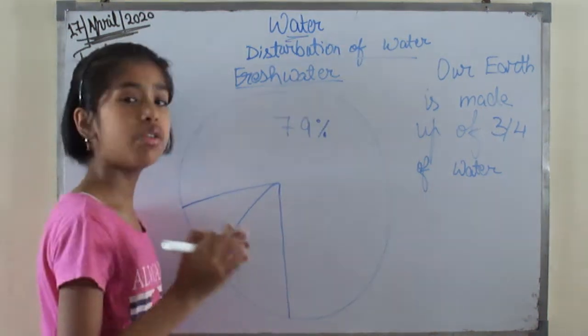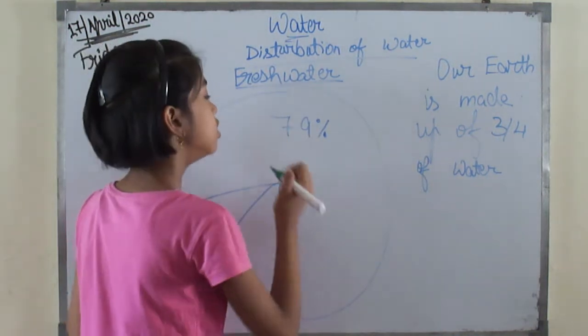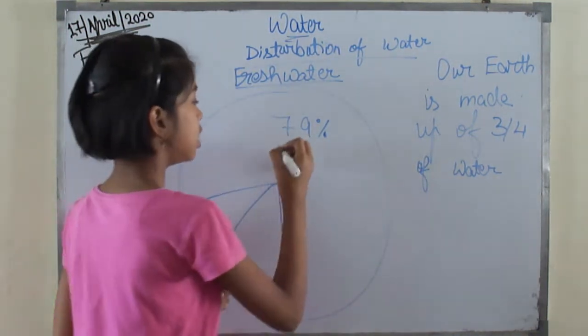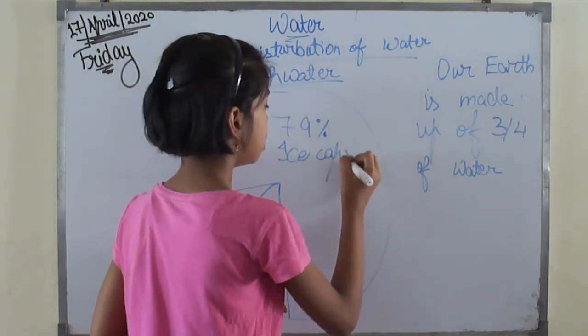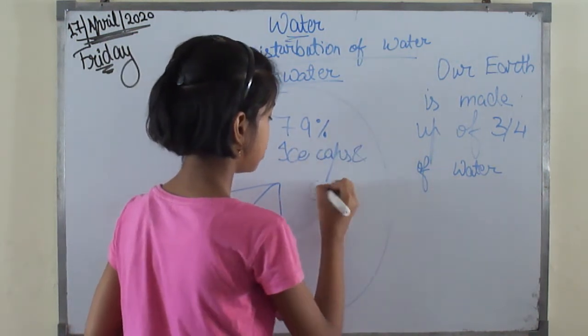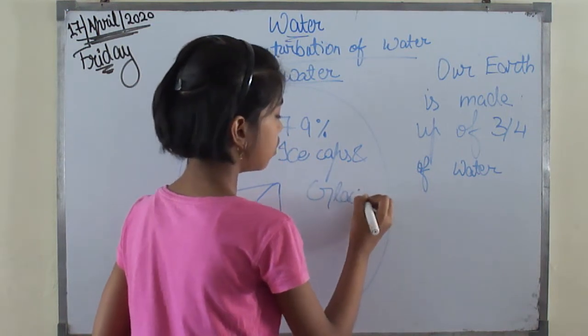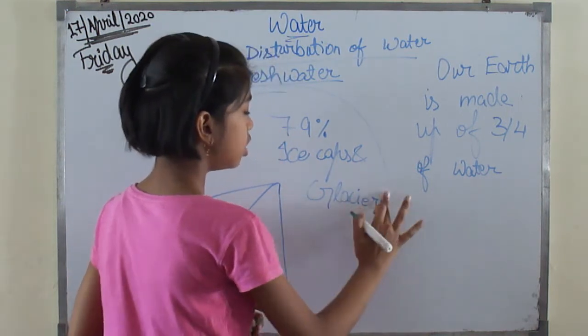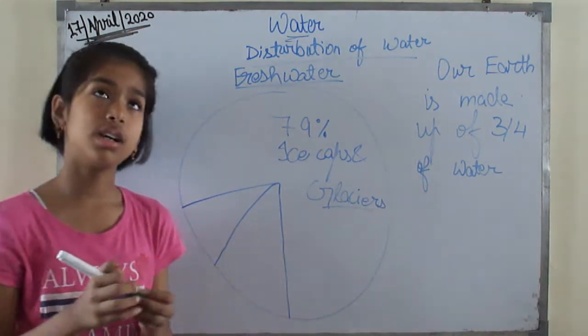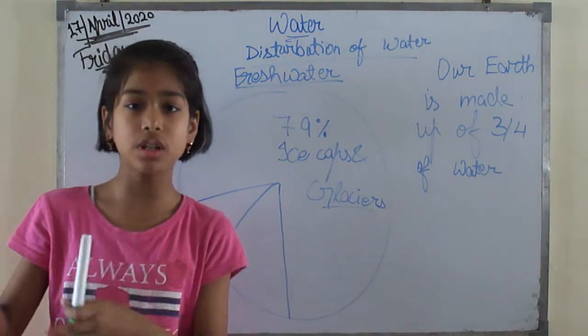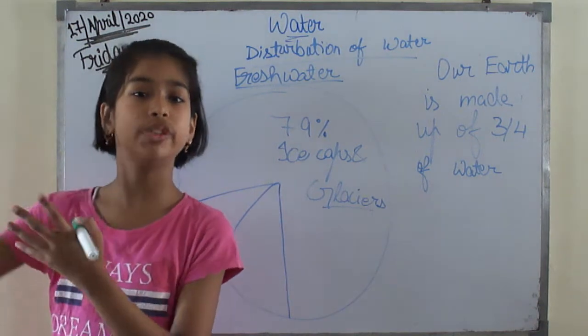79% of water is also present in the ice caps and glaciers. You know the meaning of glaciers? The glaciers are the frozen water on the top of the mountains.